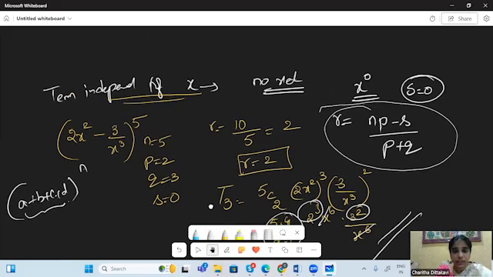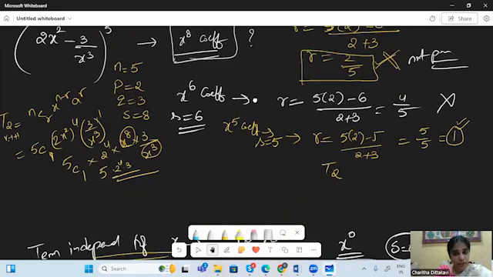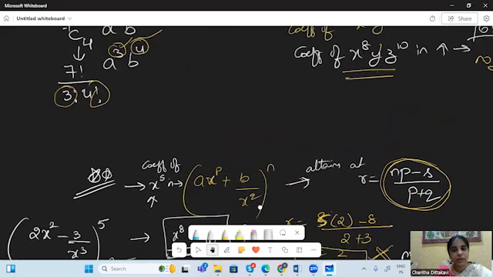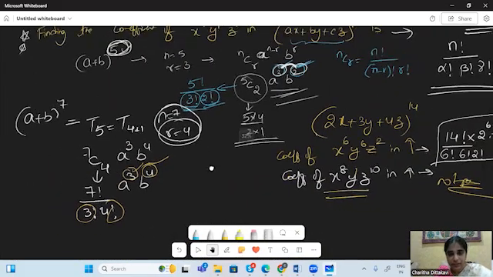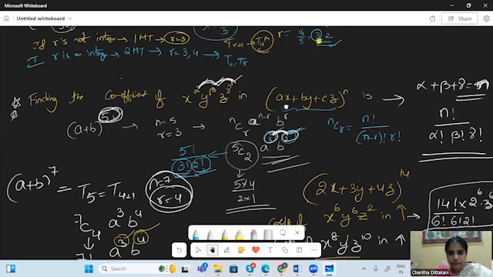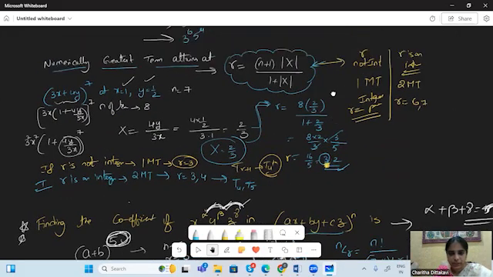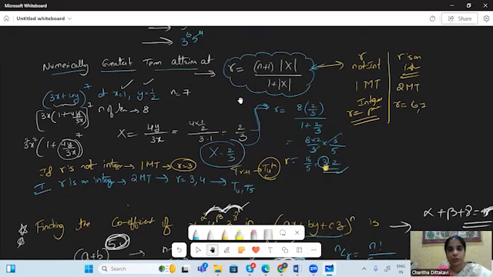So numerically greatest terms also we have done, which is not equal to the binomial greatest terms, right? So this is the numerically greatest term we have written: r equal to (n + 1)|x|/(1 + |x|), wherein my x value is defined by taking either the (1 + x) form or the (1 − x) form of the given expansion.